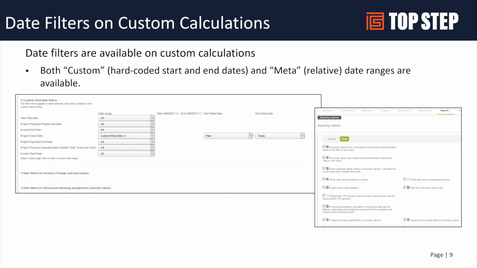Here you can check the box to include or exclude different date ranges within your reporting. And just another tip, if you don't want the date ranges, you can disable them here as well. But you can do metadata date ranges within the custom calc, as well as within the reports themselves down at the bottom section of the summary reports or cross tabs reports.